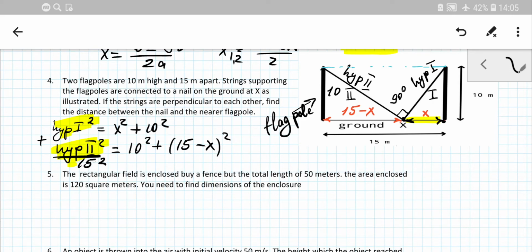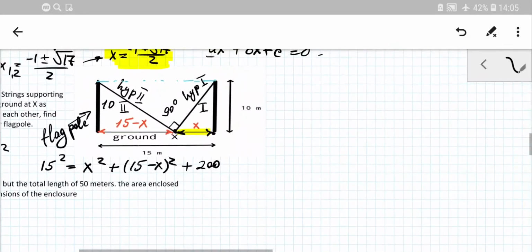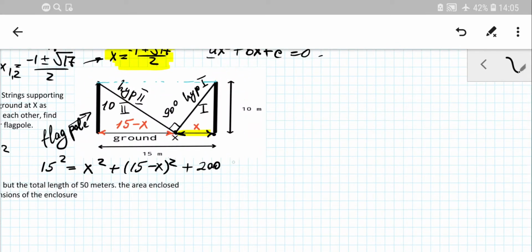So 15 squared is equal to x squared plus, I first arrange all expressions that contain x, and then 10 squared and 10 squared give 200 in total, right? So I've got that equation, and now we simply need to solve it. I'll transfer it here and simplify it. 15 squared is 225.